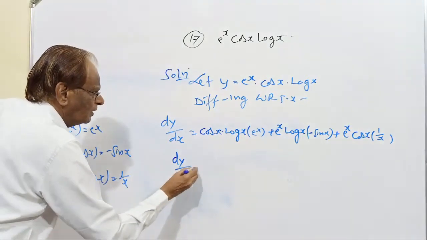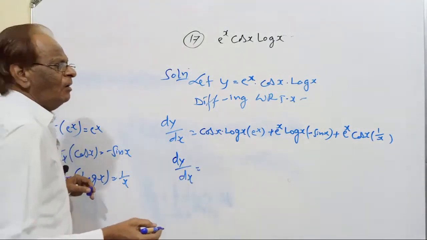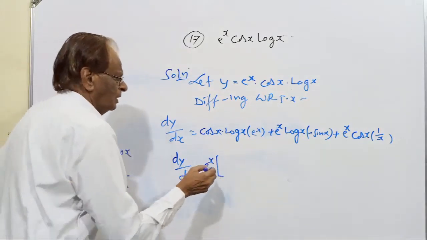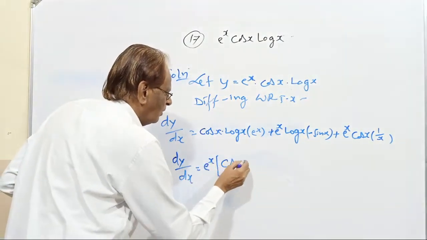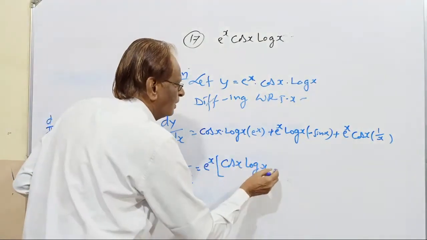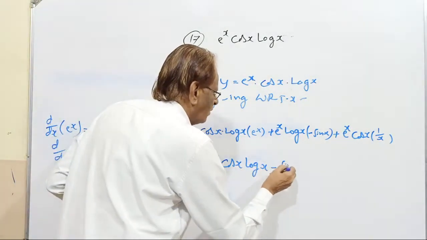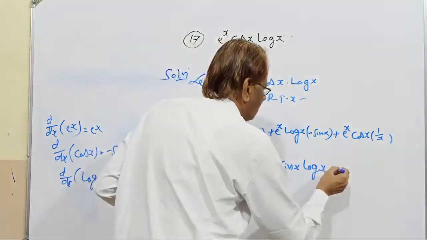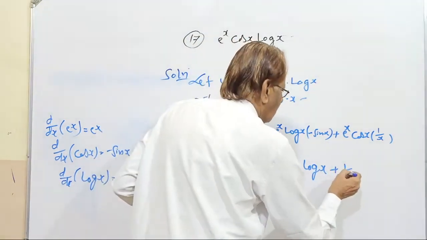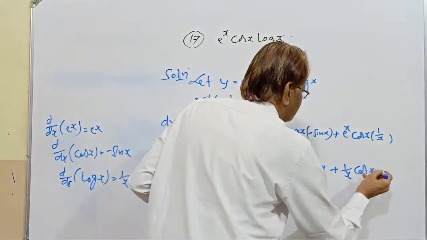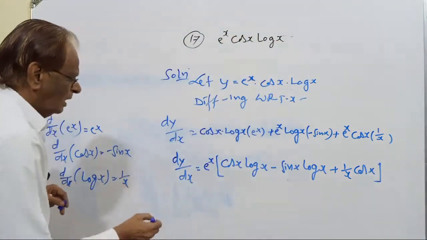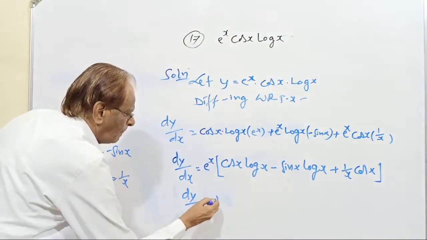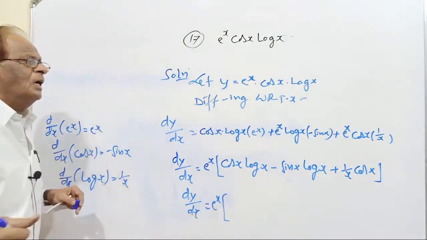dy by dx equal to, in all terms e power x is common: cos x log x minus sin x log x plus 1 by x cos x. dy by dx equal to, in all three terms e power x is common.